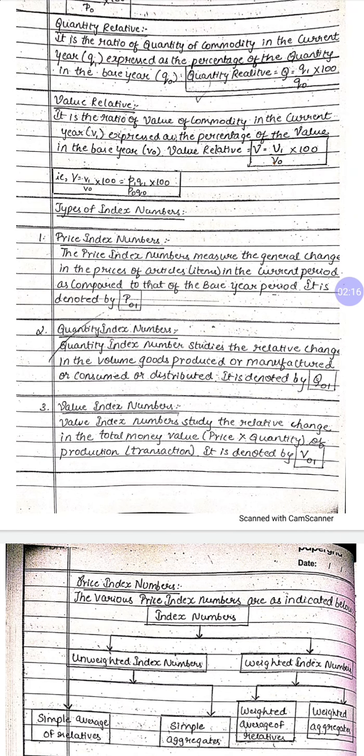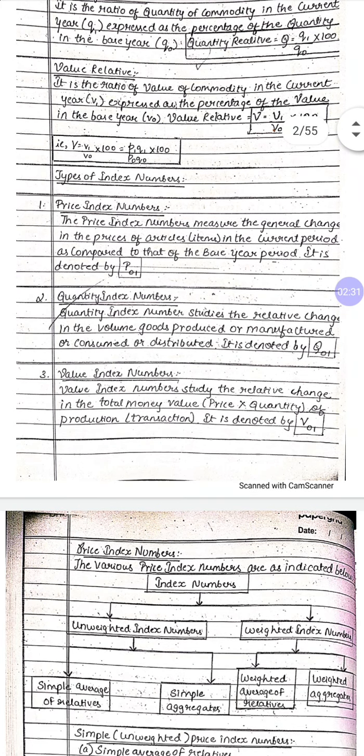Next we have three concepts of index number. We have seen the relatives; in the same way here we will see price index number, quantity index number and value index number. Price index number is the change in the prices of items, current year compared with the base year only with the prices.